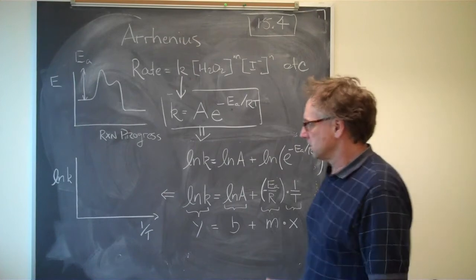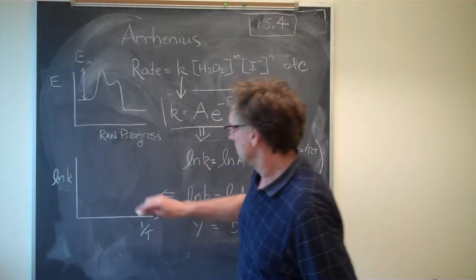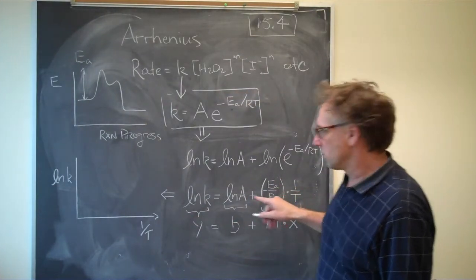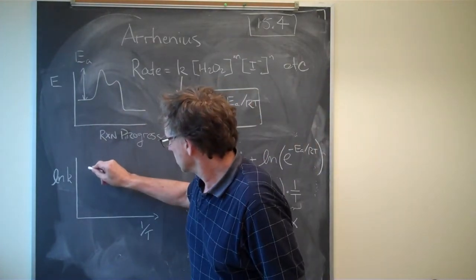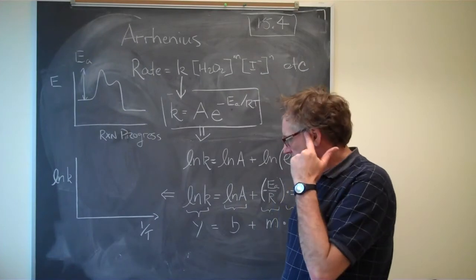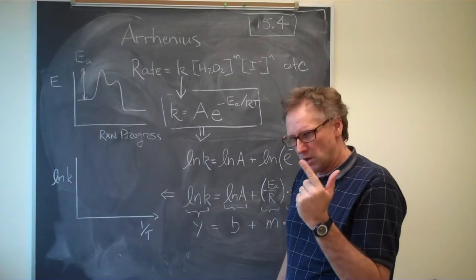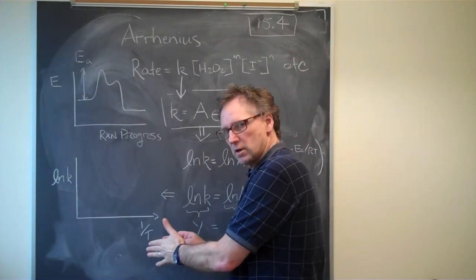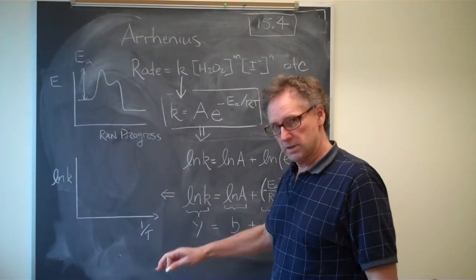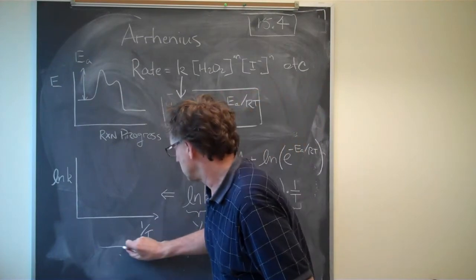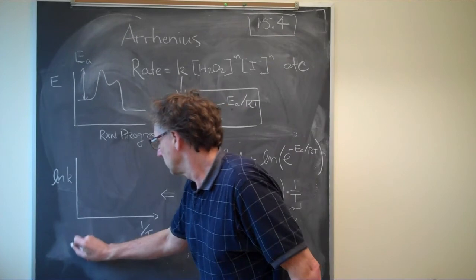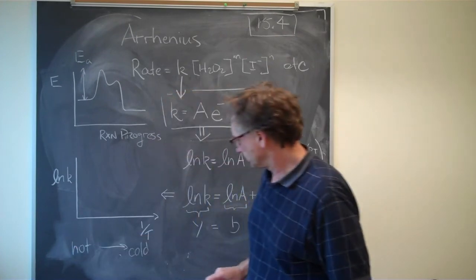Okay, so this is an Arrhenius plot that I'm about to put up here, and I can tell that the slope should be a negative number, and so now it bears thinking about this. If I have a low temperature measurement, that means temperature is small, okay, that means 1 over the temperature is big. So on this axis, I've got cold going this direction, hotter going that direction.